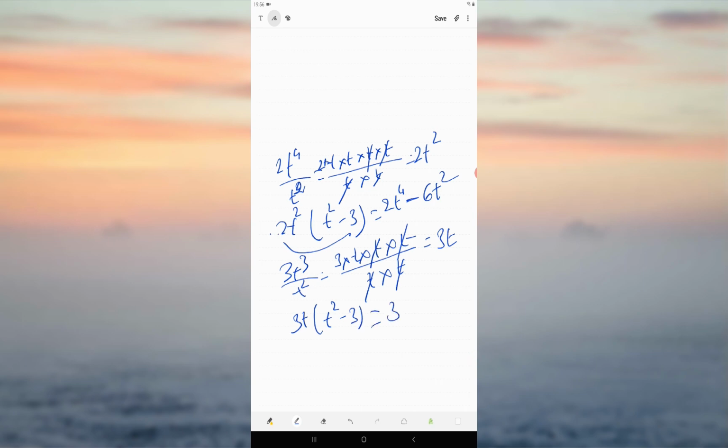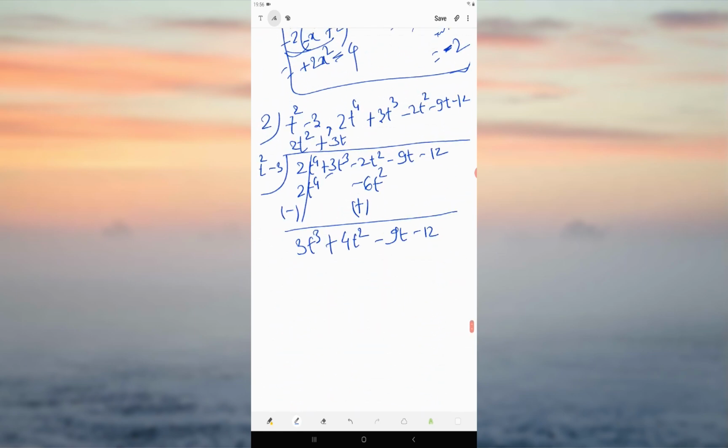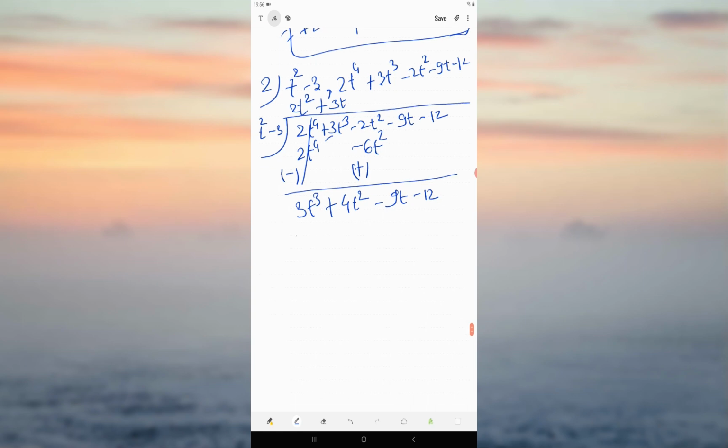So it will be 3t³. t into t² is t³, and then there is minus over here and plus over there, so plus minus is minus, and 3 into 3 is 9, so 90. 3t³ minus 90, correct?